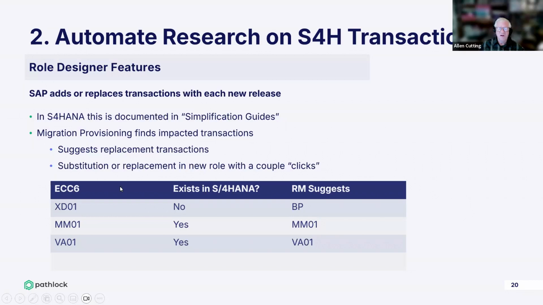You simply put in the configuration, the tool that you're on right now, that you generated your history in, and the version of SAP that you're moving to, higher version of ECC or S/4HANA, and Role Manager will suggest new transactions if applicable.